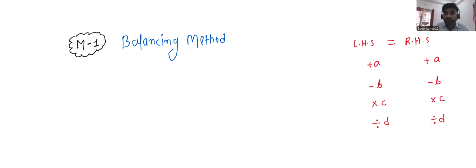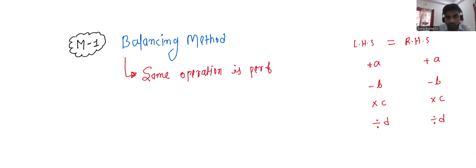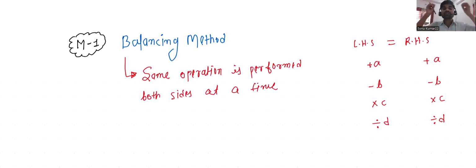The same operation is performed on both sides. So in the balancing method, the same operation is performed on both sides at a time.